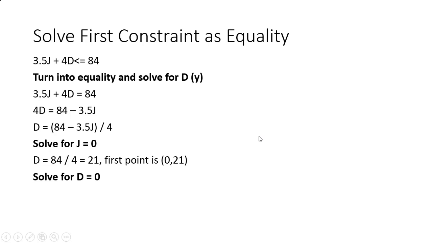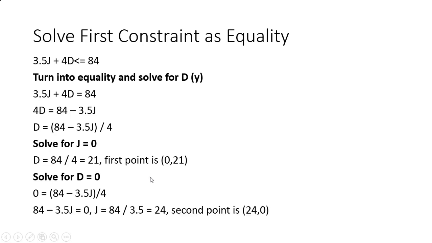Now, let's solve for D equals 0. A little bit more complicated, but still just pretty basic algebra. Substituting 0 in for D, we have 84 minus 3.5J divided by 4 equals 0. Since the 4 cannot equal 0, the 84 minus 3.5J has to equal 0. So J is 84 divided by 3.5.